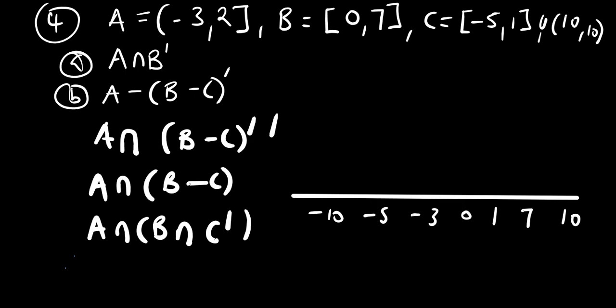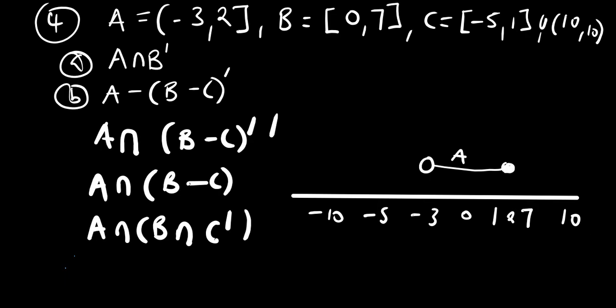Then let's put our A, we said it's from -3 to 2. So -3 is not included and you're moving to 2. Let me put my 2 there. 2 is included, so I'll put it there. Then this is our A.